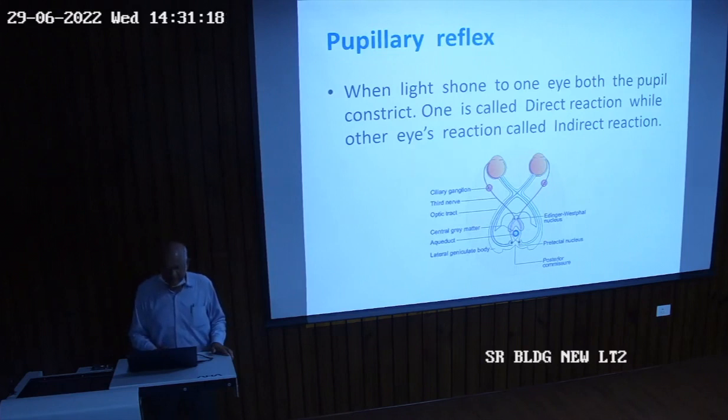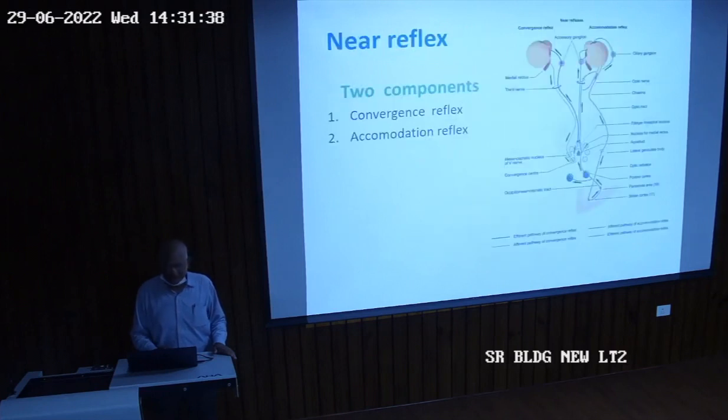This is one place where the optic nerve fibers cross, and this is the second place where the fibers cross. They go to this side and that side also. Here is the optic chiasma, nasal and temporal fibers.